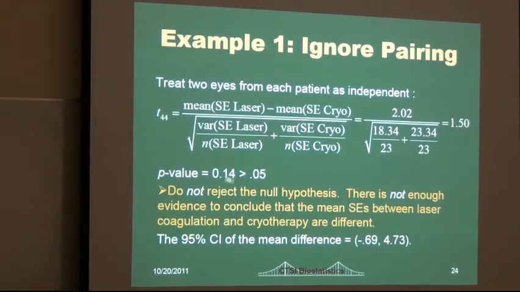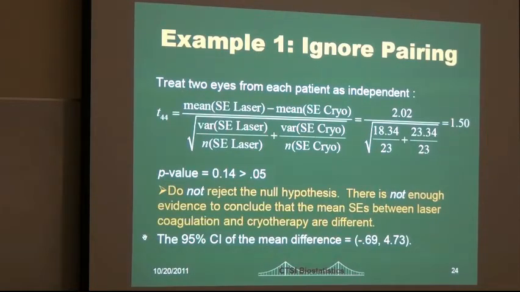Okay? So in this case, the p-value equals 0.14, which is larger than the significance level. So you end up concluding that there's not enough evidence to show there's a difference between the two treatments. Okay? So this is an example to show that if you incorrectly do the analysis, even though your design says that the data are paired, then you might end up with an incorrect conclusion.